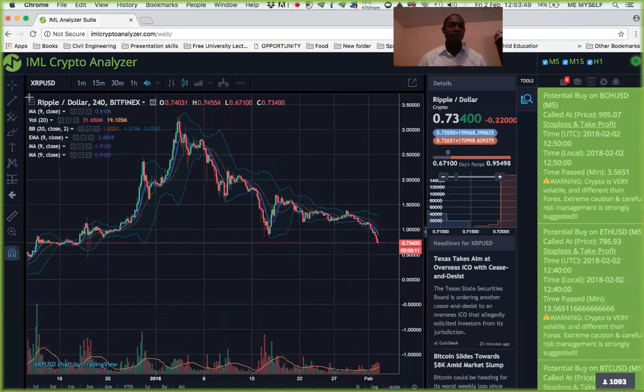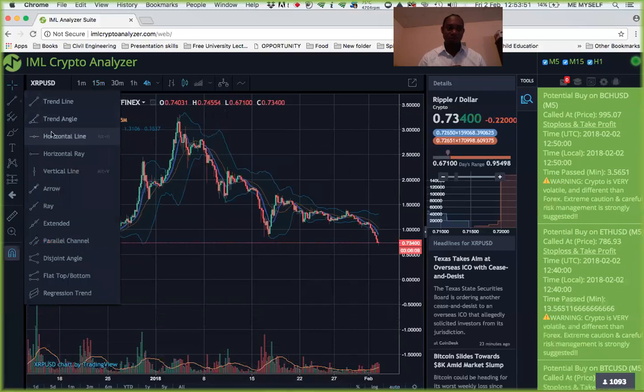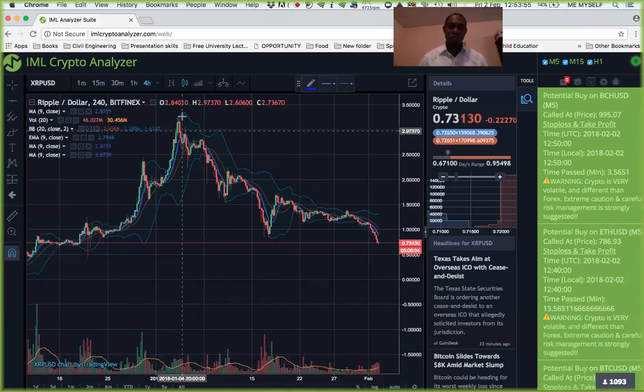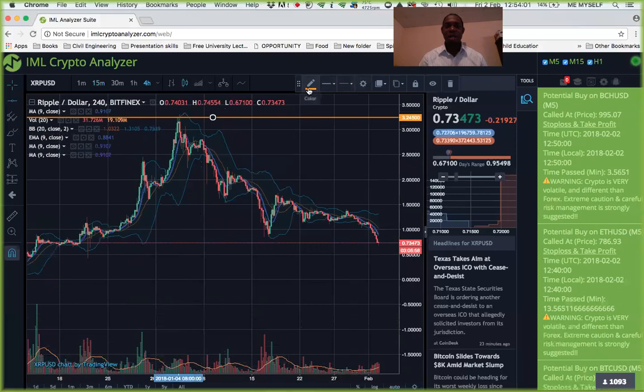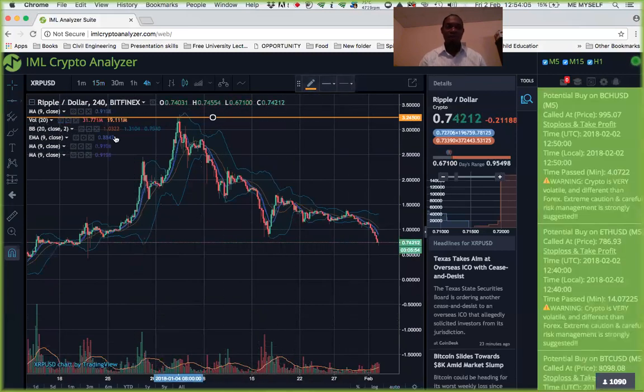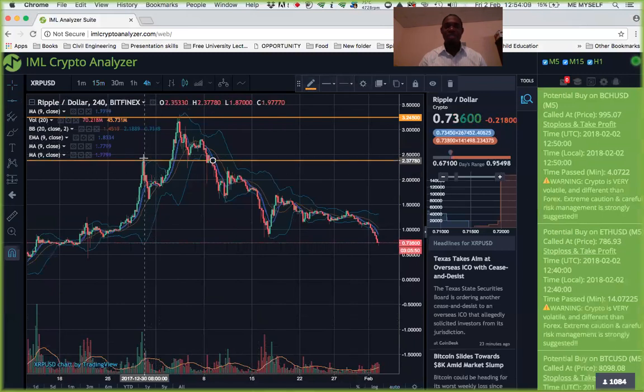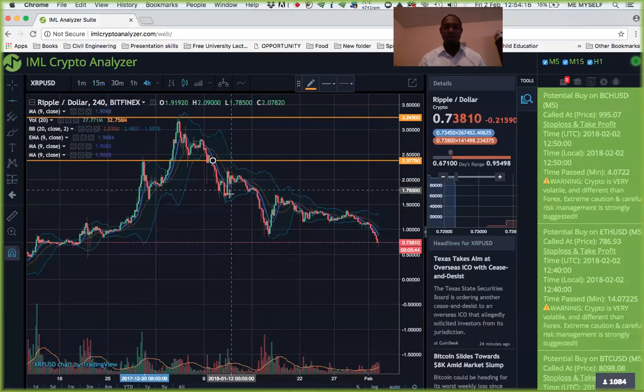On the 4 hour, we put our horizontal lines in, support and resistance, supply and demand, however you see it. I want to make this a nice bright color. We have another here. So we're just identifying our bends at the moment. Identify your bends.